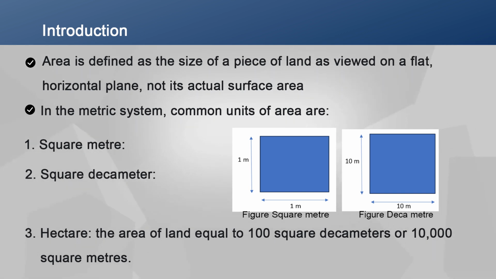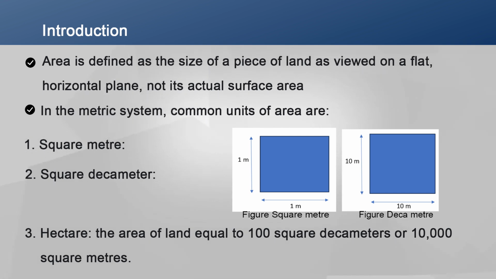In the metric system, the common units of area we generally use are square meter, square decameter, and hectare. What is a square meter? Square meter is nothing but the area of a square with sides of 1 meter each. You can see in this figure, this is a square, each side length is 1 meter. So the area occupied by this square will be equal to 1 square meter.